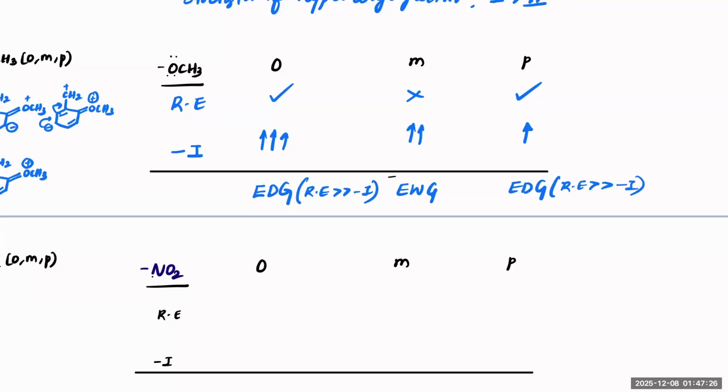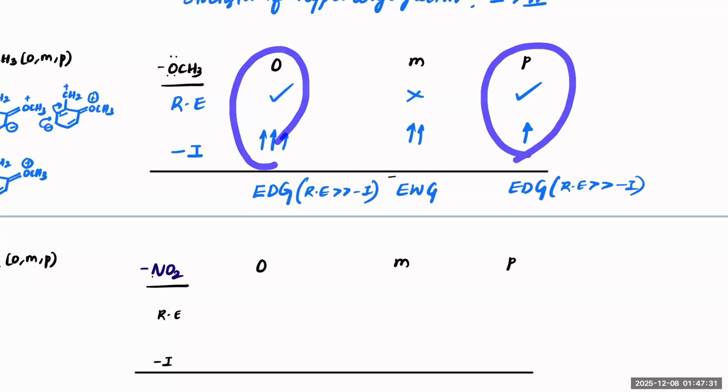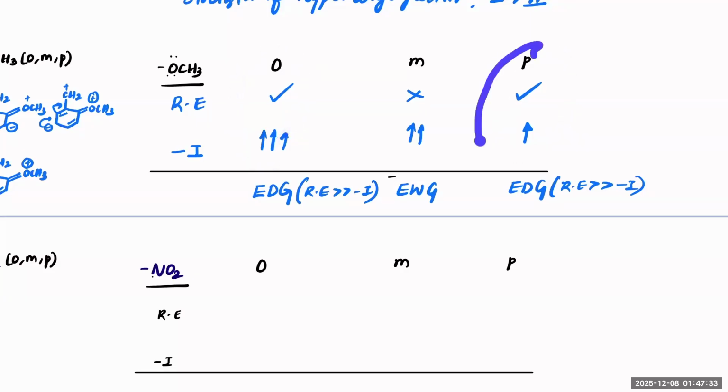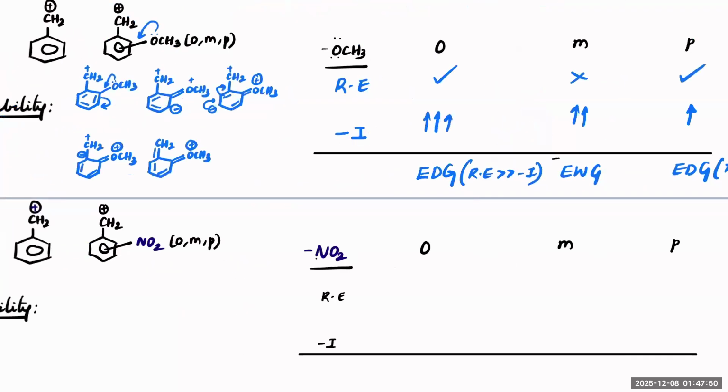Meta is electron withdrawing. Now between ortho and para, which one is more donating? It is para. Why? At ortho and para positions, the resonance is the same. But the minus I inductive effect is more at the ortho position and less at the para position. So withdrawing nature is less at para, hence it is more stable.